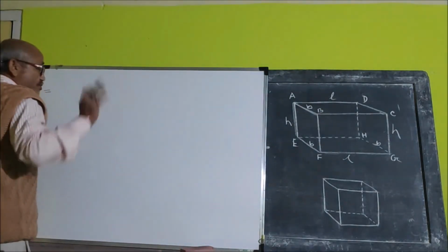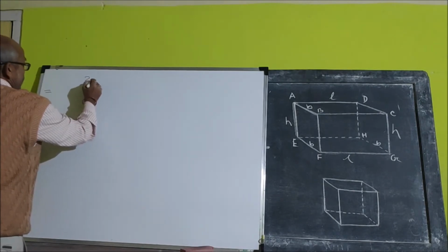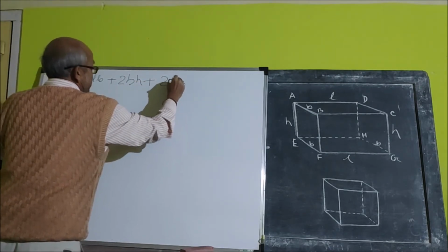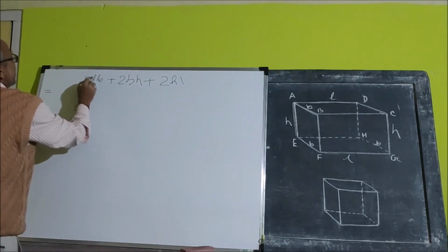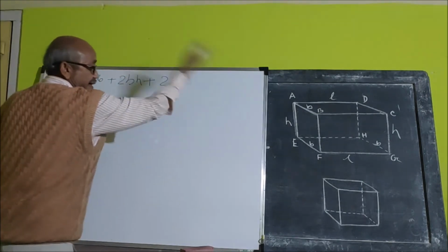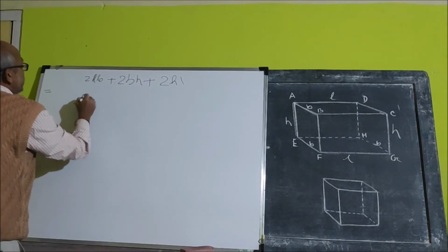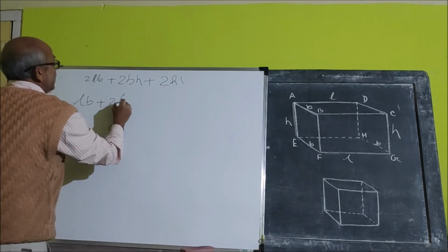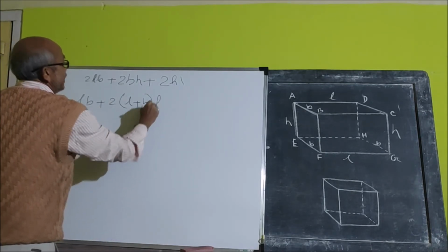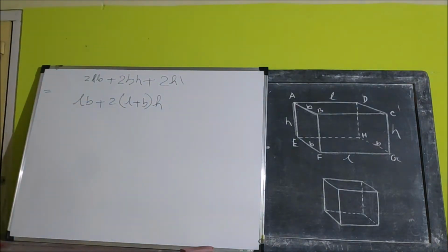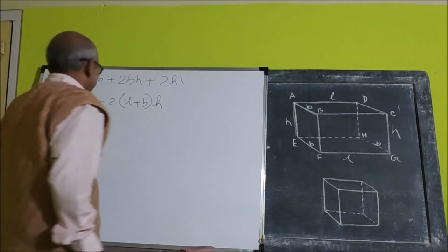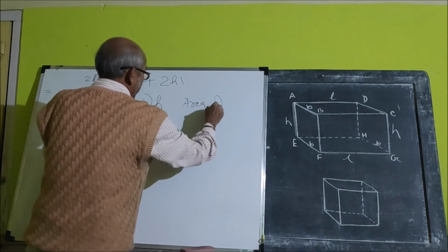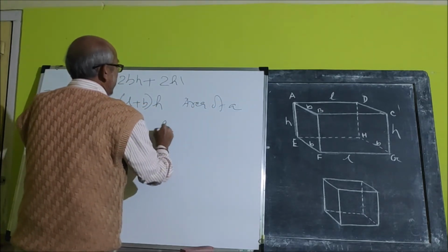Originally we have 2LB plus 2BH plus 2HL, but now there will be only LB plus 2BH plus 2HL, taking 2H common, so LB plus 2H(L plus B), when the upper part is excluded.